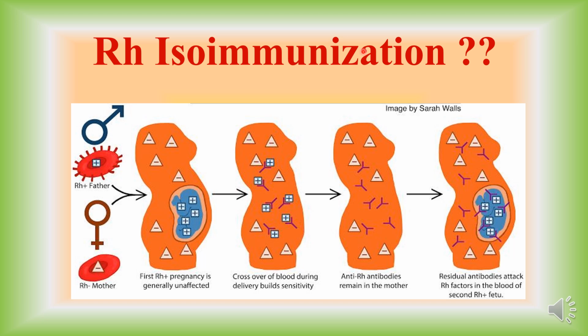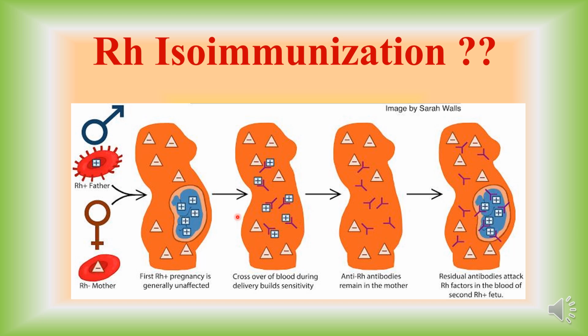So what is this Rh incompatibility? As you know, immunoglobulin G can cross the placental barrier. So this phenomenon causes Rh isoimmunization. This occurs when the mother is Rh negative and the fetus is Rh positive.